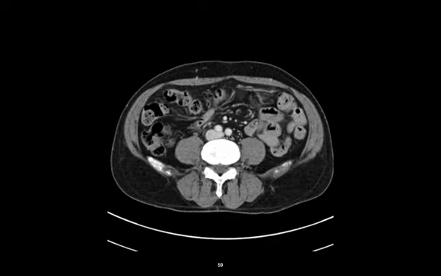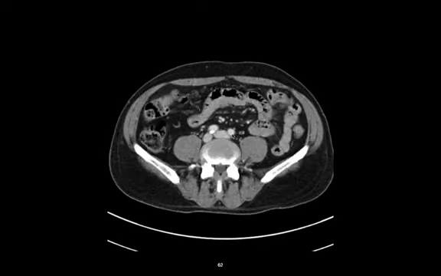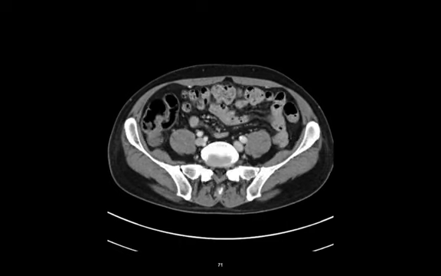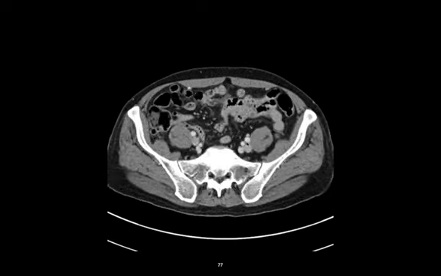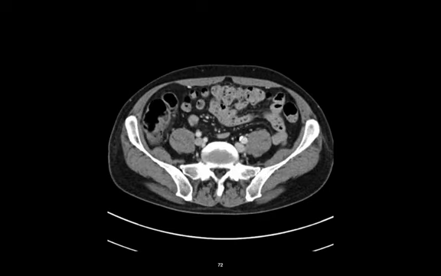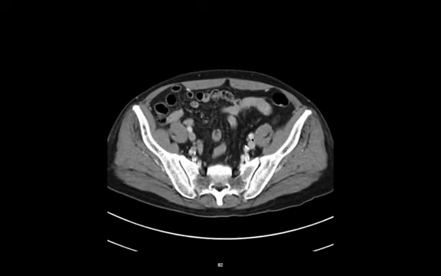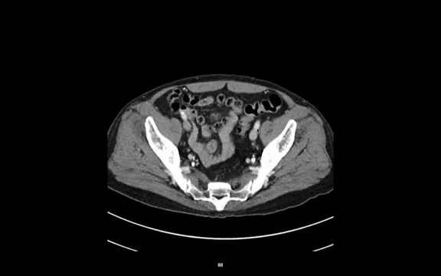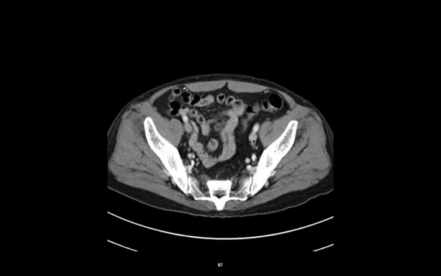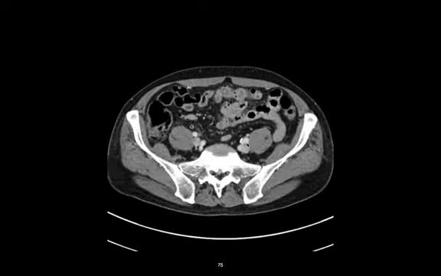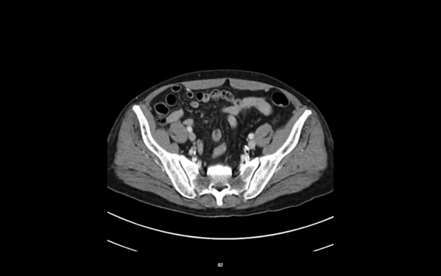Now let's follow the left common iliac artery, because it's going to eventually branch. You see that? One more time. And there's the external and internal iliac arteries. We know this is external because it's going towards the inguinal region. And we know the other one is the internal because it's now headed down towards the pelvic cavity.